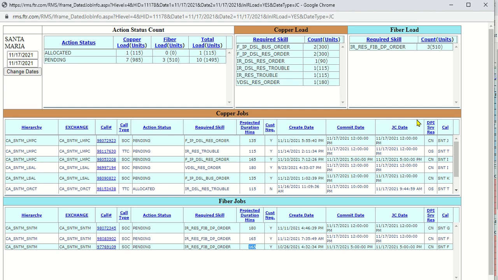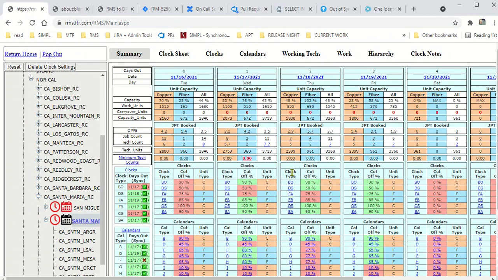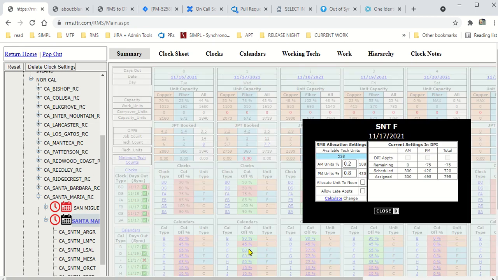Alright, so I'll close this, and then going back to F, we would expect that the remaining would be... wait, no, sorry.